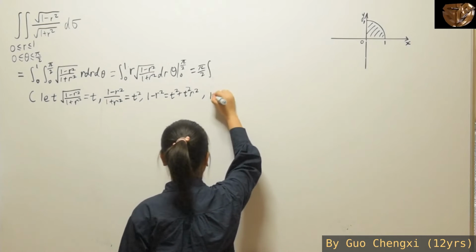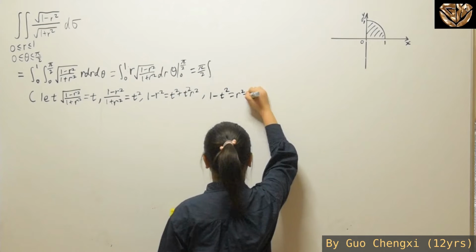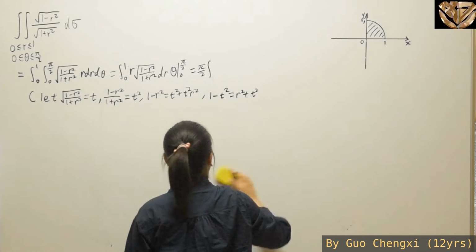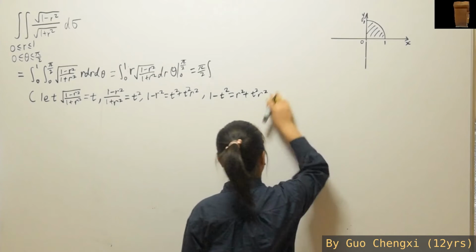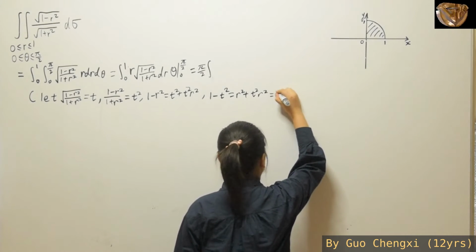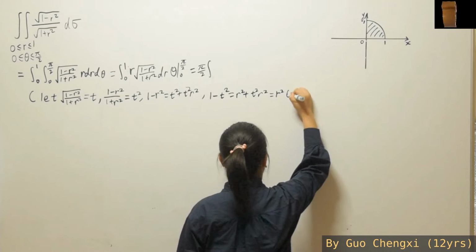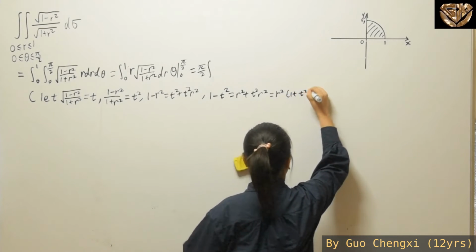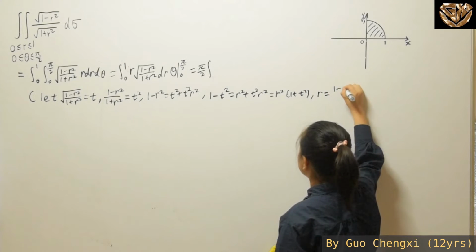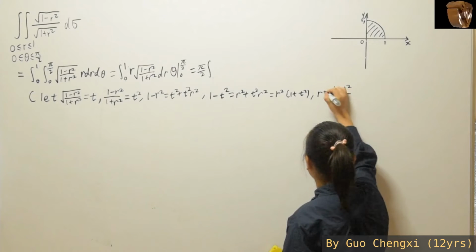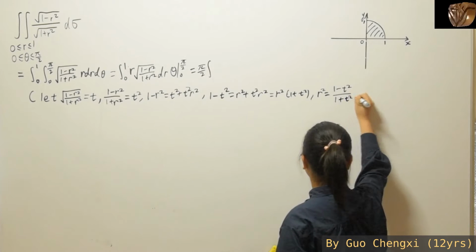Thus you have 1 minus t squared equals r squared plus t squared r squared, and you can take out the r squared, which gives r squared times 1 plus t squared. So r squared is equal to 1 minus t squared over 1 plus t squared.